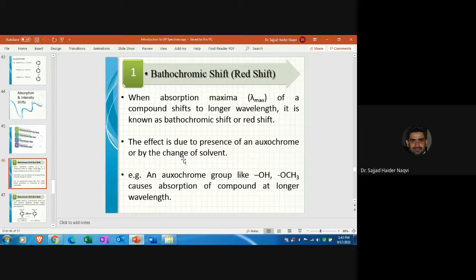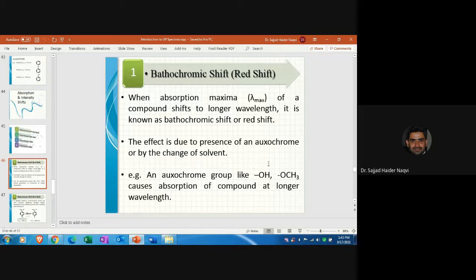You can see here what we are saying, that when there is an increase or a longer wavelength, that is referred to as bathochromic shift or the red shift. Now, this effect is due to the presence of an oxochrome, as I just mentioned in the example. Benzene itself is a chromophore, and then there's an oxochrome attached, resulting in this shift, and that is called bathochromic shift or the red shift.